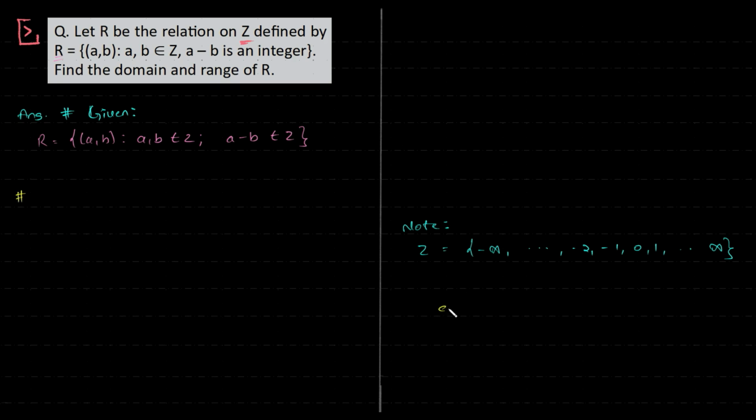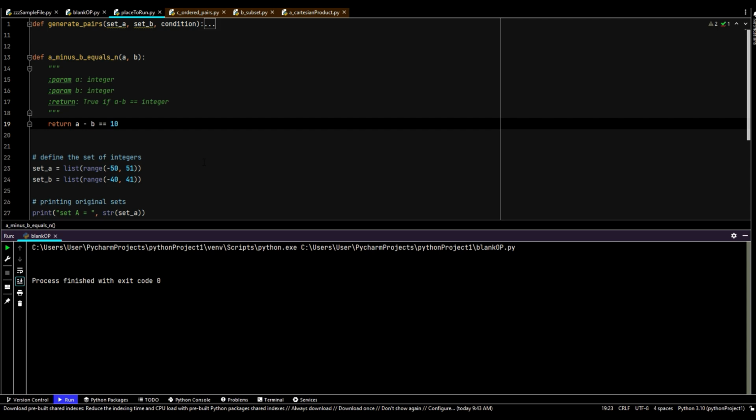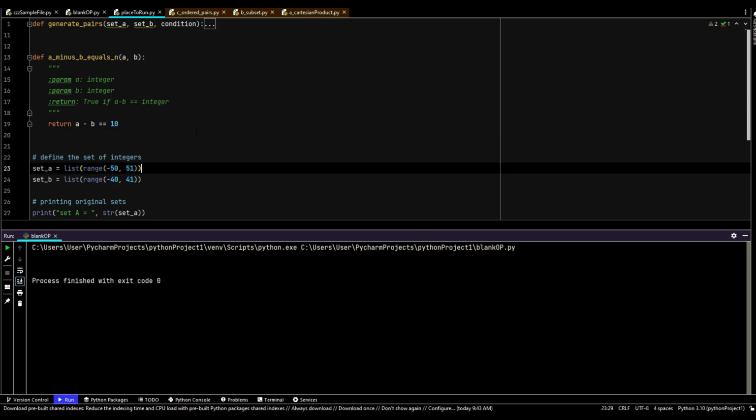The idea here is that A minus B should give us an integer again, like say 10. Of course I can take anything, because integers include a lot of numbers, and A and B are also sets of integers. So how many such numbers are there? Of course I can't generate all the numbers.